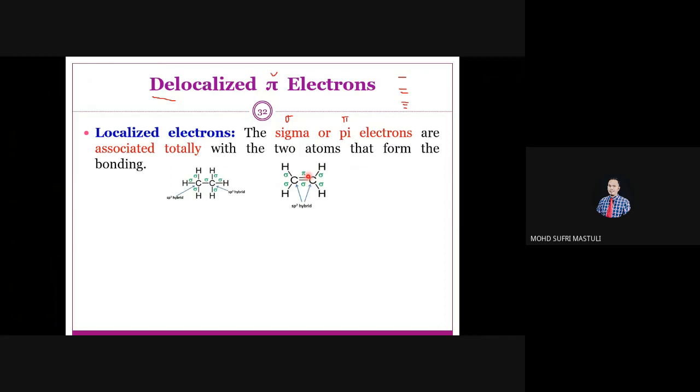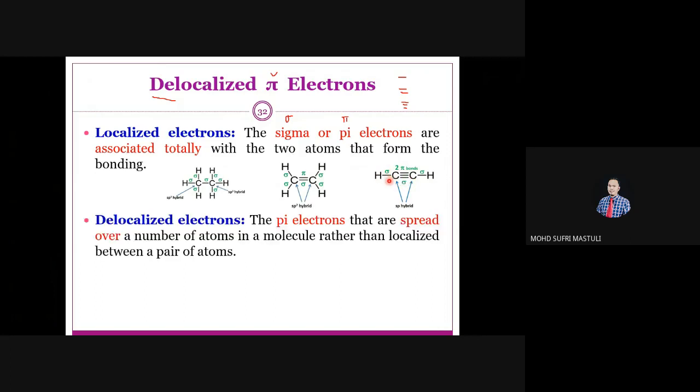The pi is also associated totally between carbon and carbon. Another example involving a triple bond: the sigma and the pi electrons are all localized. The pi is between the carbon and carbon, the sigma can also be carbon and carbon, and this sigma can also be hydrogen and carbon.